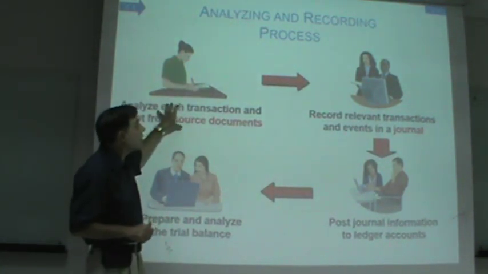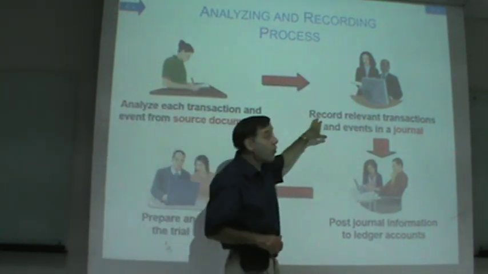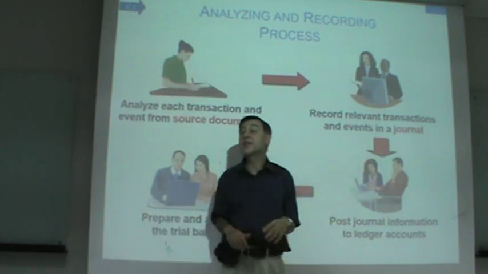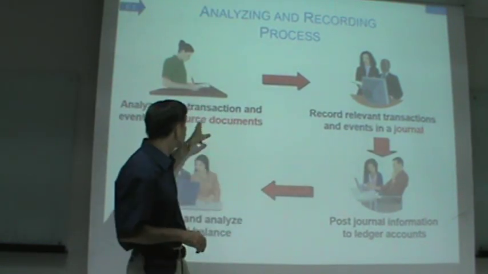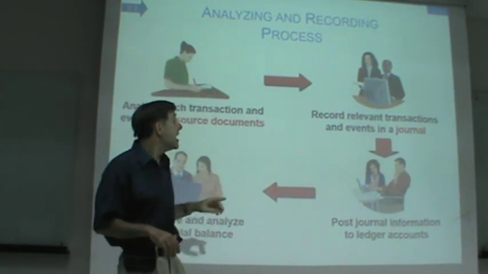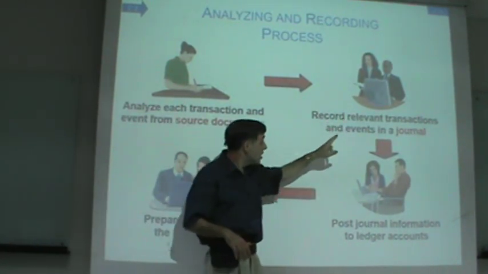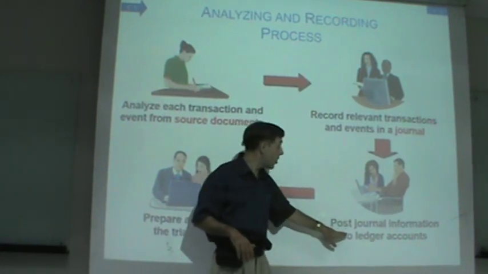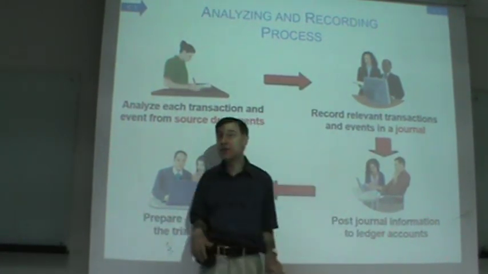When you get a source document, you record from the source document in a journal. I'll be explaining today what's a source document, then I'll be explaining separately a journal. Then, from a journal, you're going to post it in a ledger. And we call these ledger accounts.